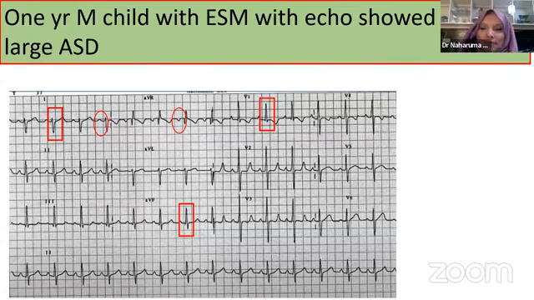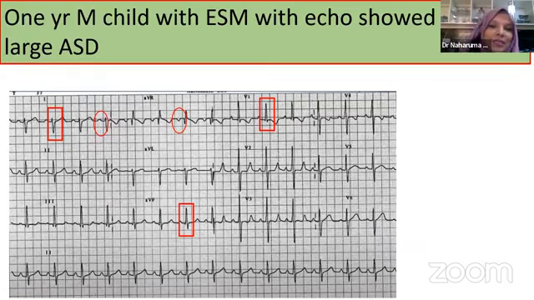Monophasic V1 is suggestive that the RV volume overload is turning into a strain pattern, monophasic R with strain pattern. This indicates the volume overload is now going to hypertrophic RVH. For a 1-year male child, it is not usual; due to this large ASD, it is causing severe pulmonary hypertension.